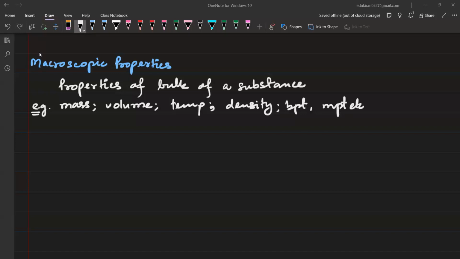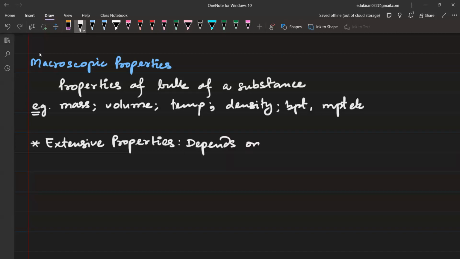Now, macroscopic properties are classified into two different categories. One is extensive and one is intensive. So please write extensive properties. What are extensive properties? Extensive properties depend on the amount or mass of substance.